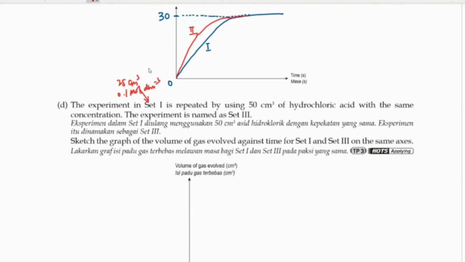Set 3 volume is 50, but the concentration remains the same. Class, do you think the volume of gas released will be the same as set 1 or different?